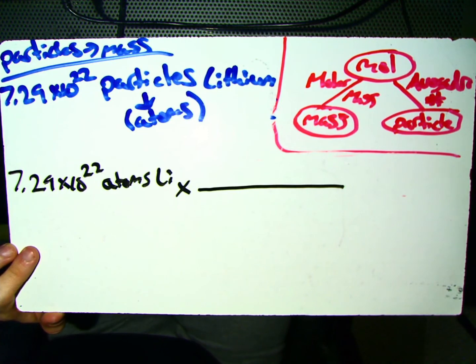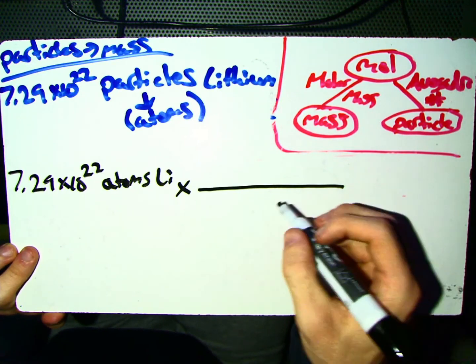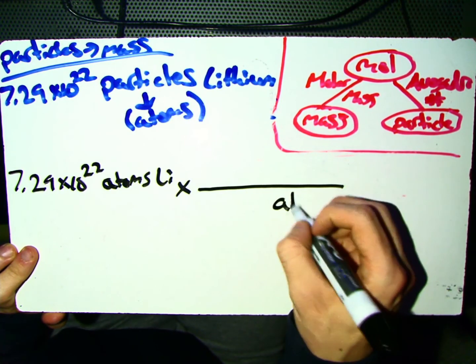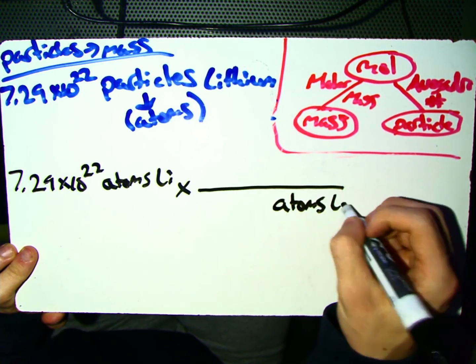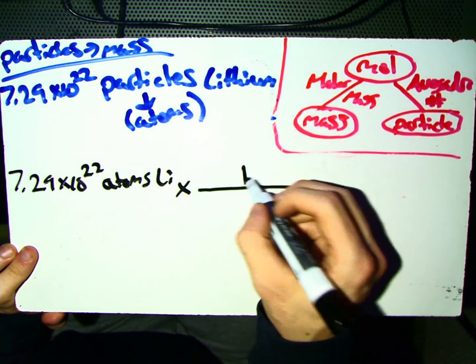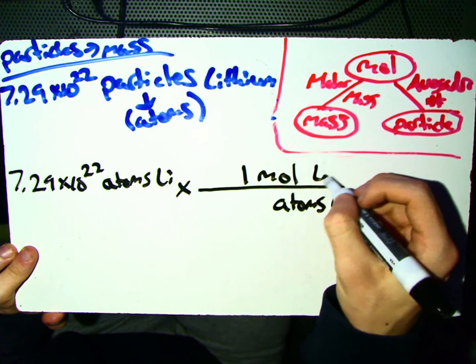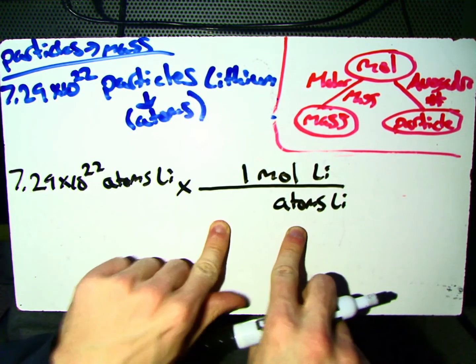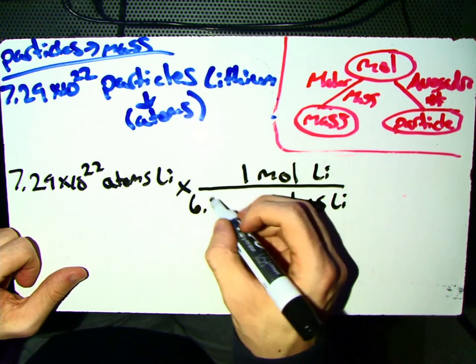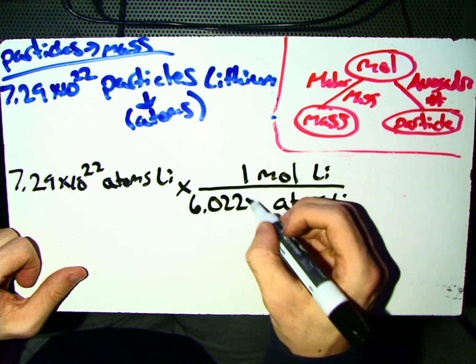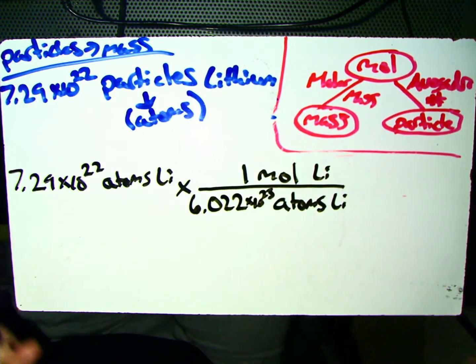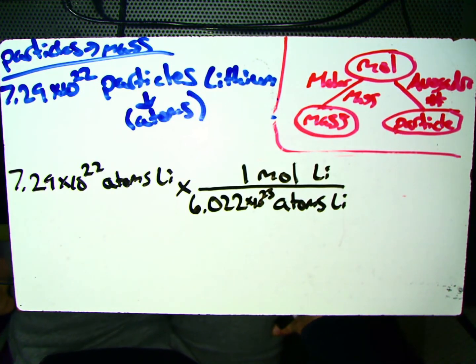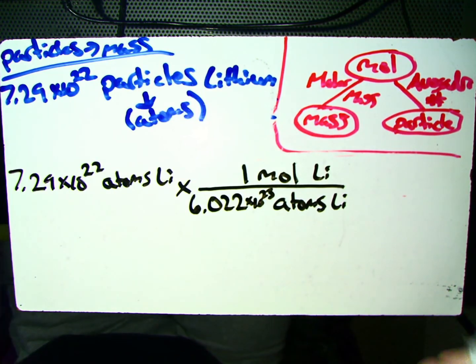Dimensional analysis, we cancel out units diagonally. So atoms for sure has to be in the denominator here, and our numerator for sure has to be 1 mole of lithium. Remember conceptually, that in 1 single mole of lithium, there are 6.022 times 10 to the 23rd atoms.